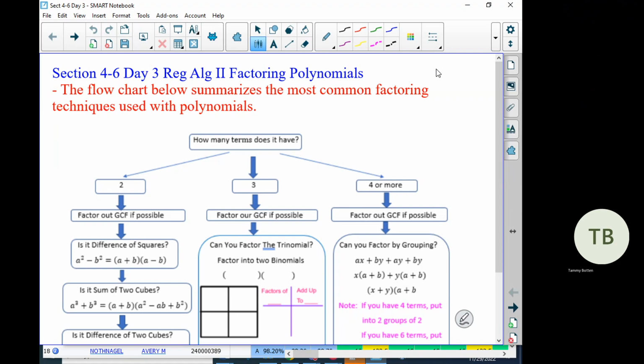And then the last 5 or 6 or so are where you have to tell which kind it is and then also solve. So that's another thing that we'll be doing today. I tried to make the quiz so that the majority of it is where I do tell you what kind of factoring it is.